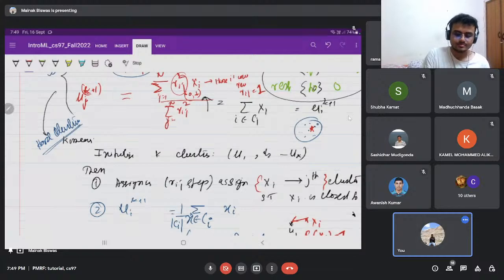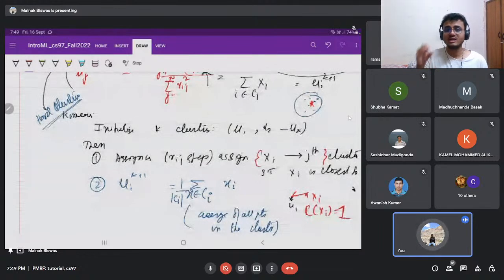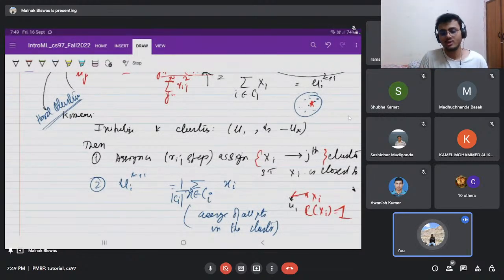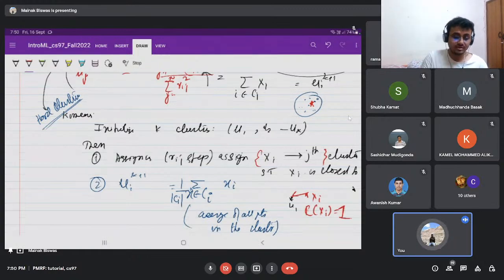You will be averaging all those points which are in the cluster and reassigning the cluster. So this is the iterative thing that you will be doing. People introduce k-means just by saying that this definition is not possible, so we do this. But I thought that this solution of soft clustering will make a lot more sense, so I tried to intuit it in this manner. We'll be doing the coding, and it will become very evident then.